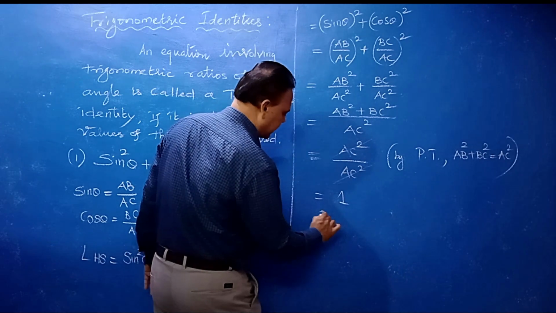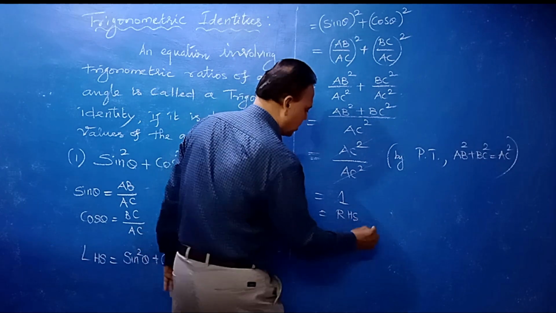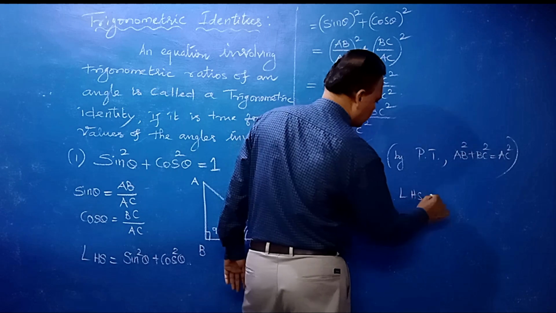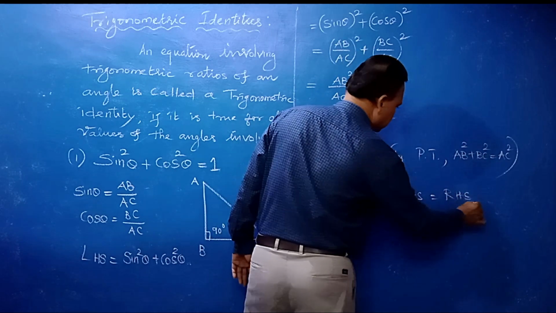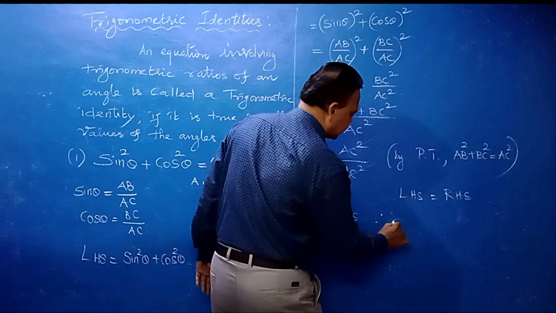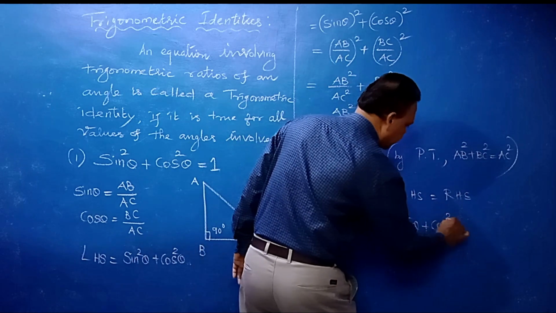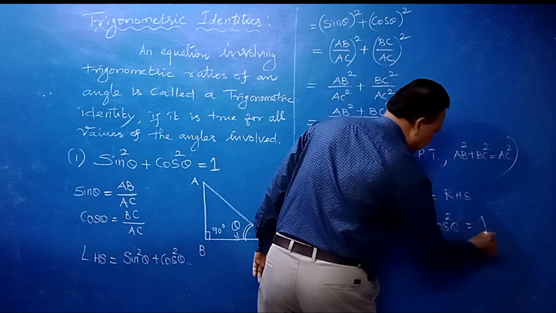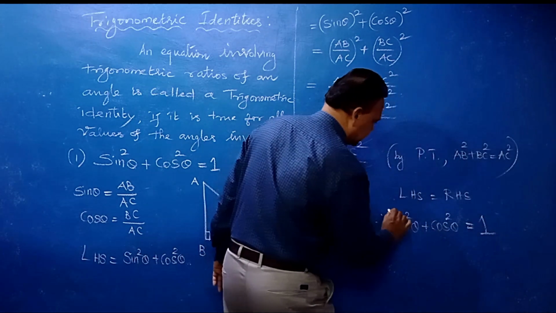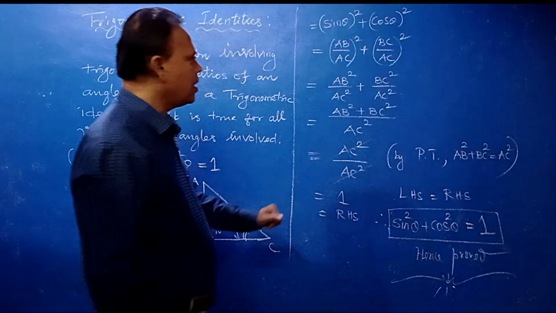That is equal to the right hand side. Therefore, LHS equal to RHS. Therefore, sin square theta plus cos square theta is equal to 1. The right hand side is 1, correctly we are getting it. Understand?